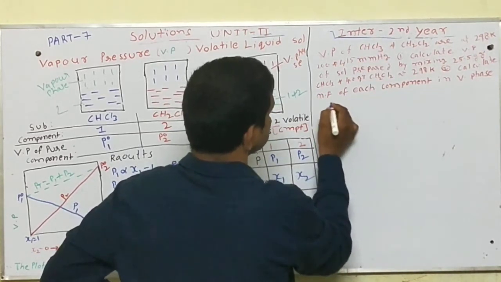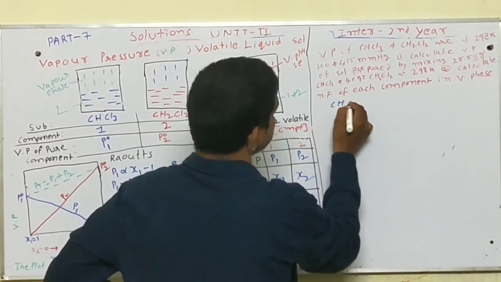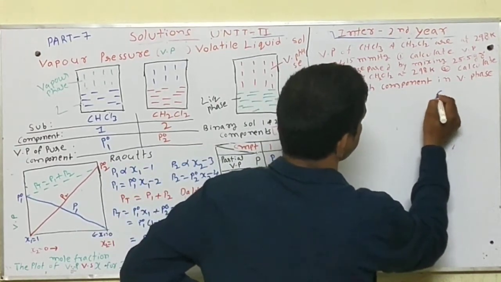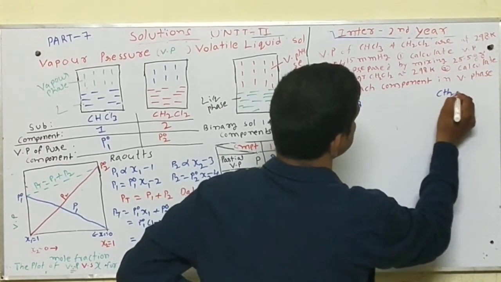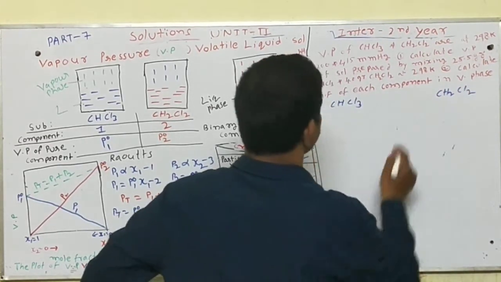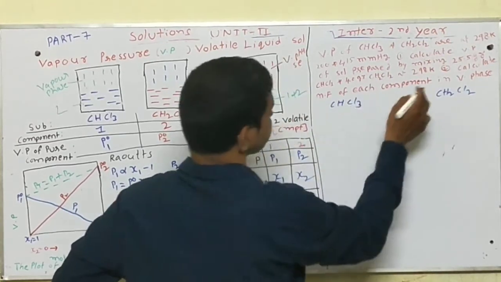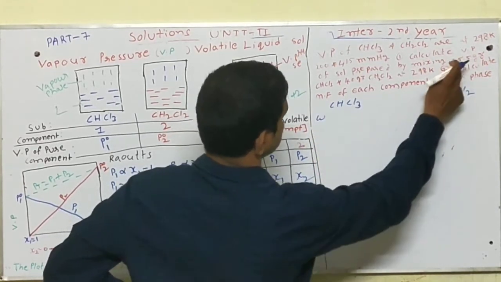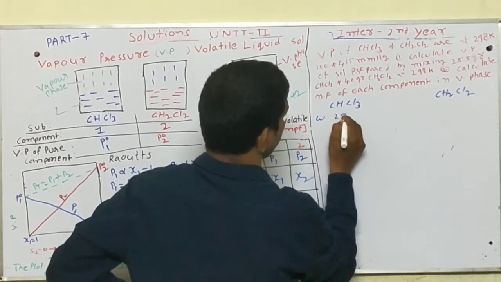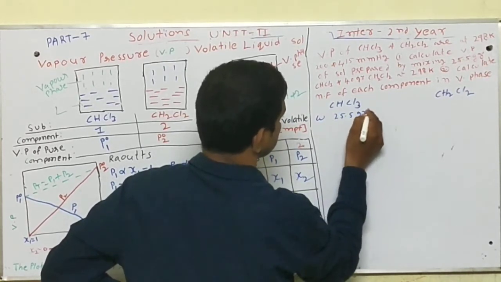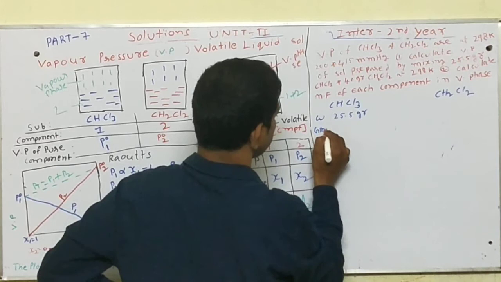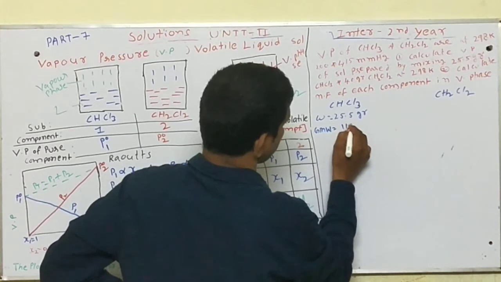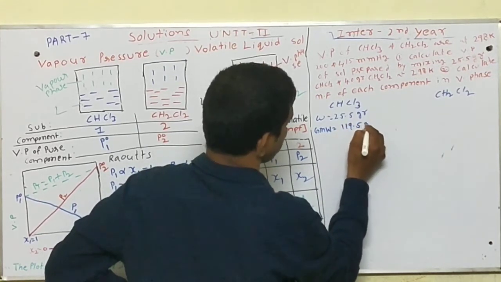I am writing chloroform here, CHCl3, and I am taking dichloromethane this side. So from the question we know that W of chloroform is 25.5 grams, and GMW is 119.5 grams.